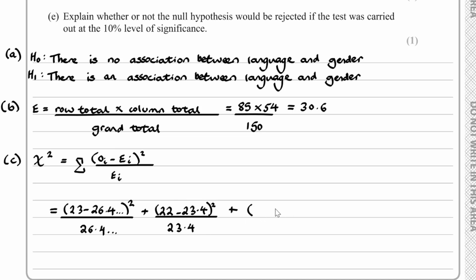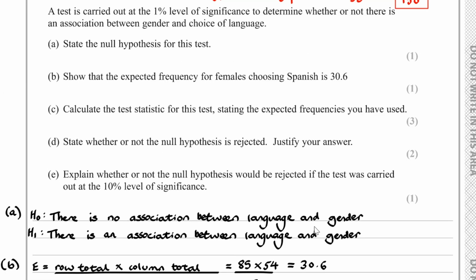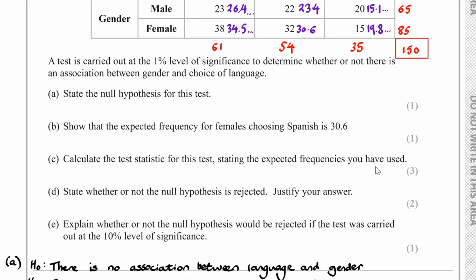Next value, we have 20 minus 15.16, etc. all squared over 15.16, etc. So that was this value over here.